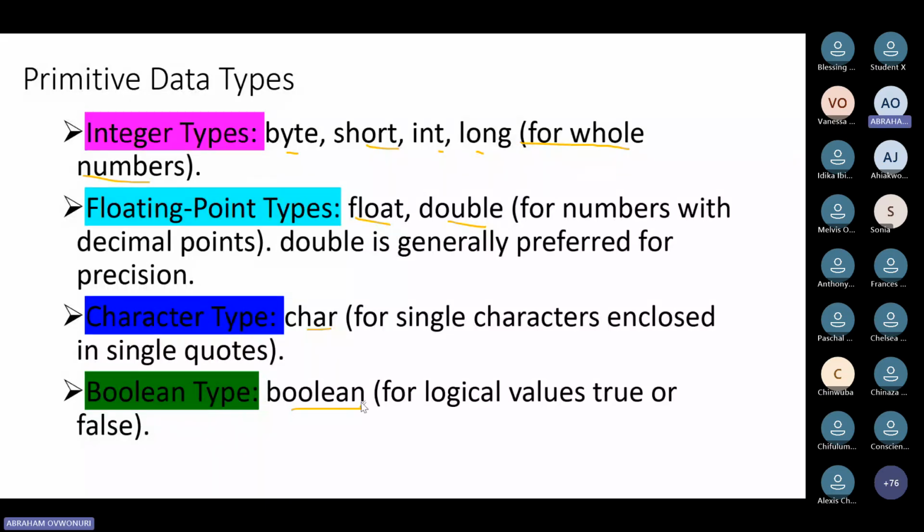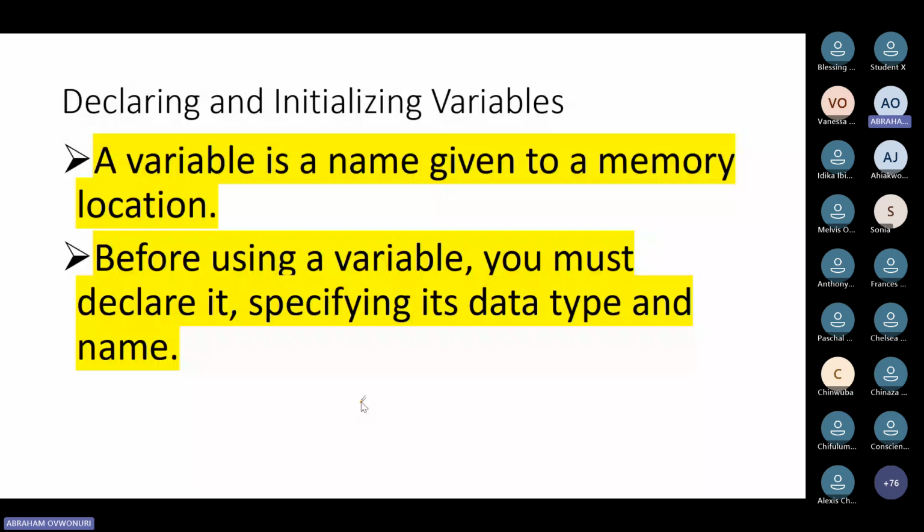So what is a variable? We are talking about declaring a variable. A variable is a name given to a memory location. Before using a variable, you must declare it, specifying its data type and name.